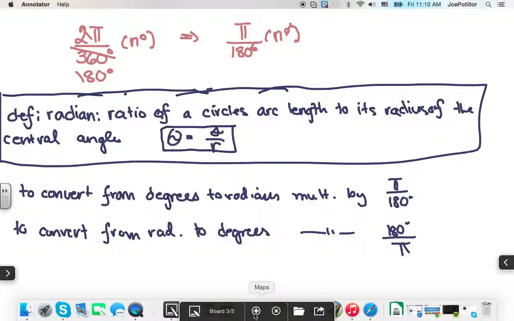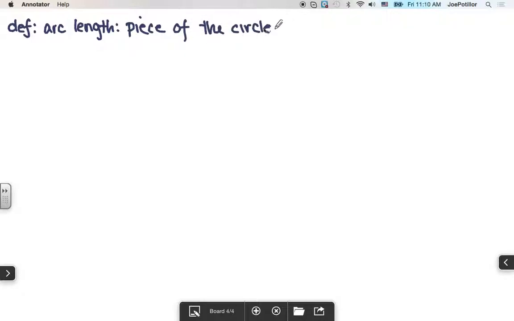And you're going to discover something about rotational motion, that most factors are related by the radius. The arc length is the piece of the circle's circumference, or just part of it.